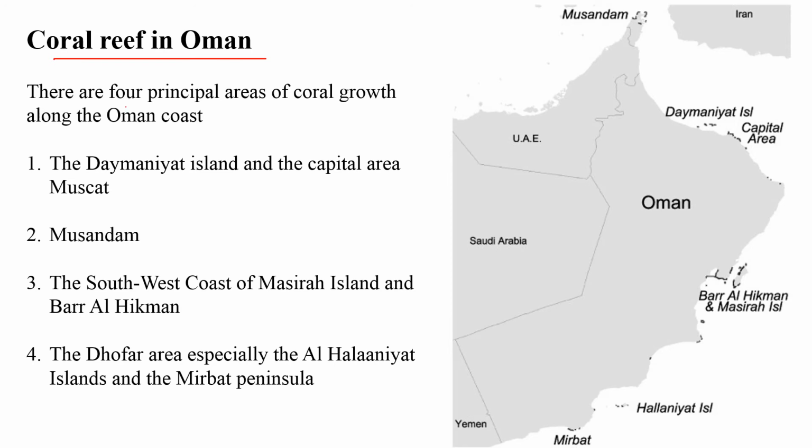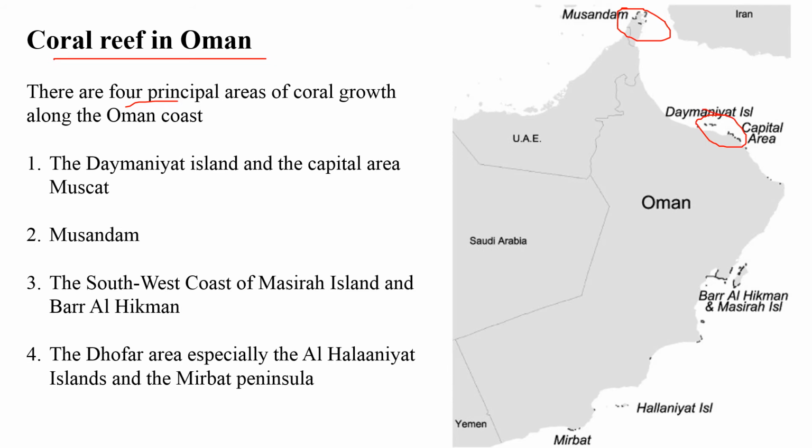There are basically 4 principal areas of coral growth. This is the tip of the north or northwestern area. You can find Musandam, very important for coral reef, with huge diversity, and the coral area is maximum in this region. Musandam is very popular. In the capital area there are the Dimaniyat Islands, which are also an MPA.